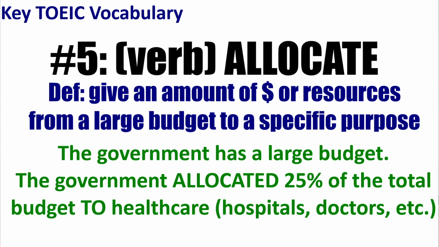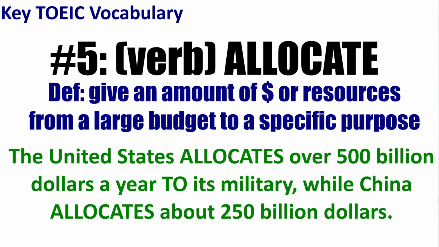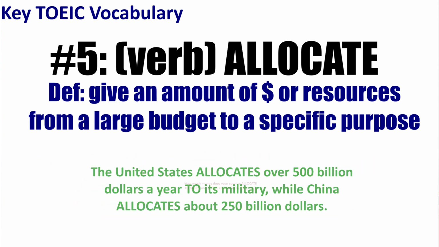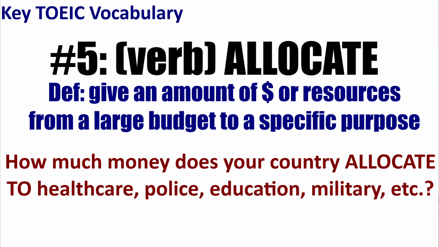They send it directly towards healthcare. The United States allocates over $500 billion a year to its military, while China allocates about $250 billion. Now, you can look this up, but you can find out how much money your country allocates to certain areas. For example, how much do they allocate to healthcare, police, roads, and so on?